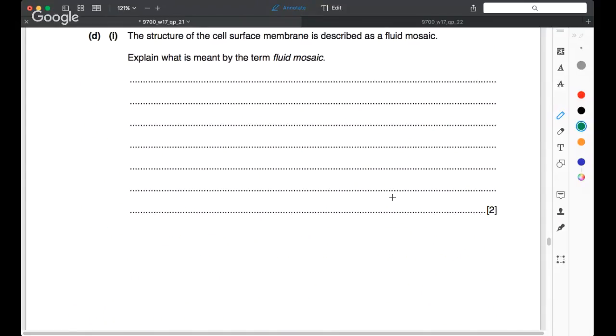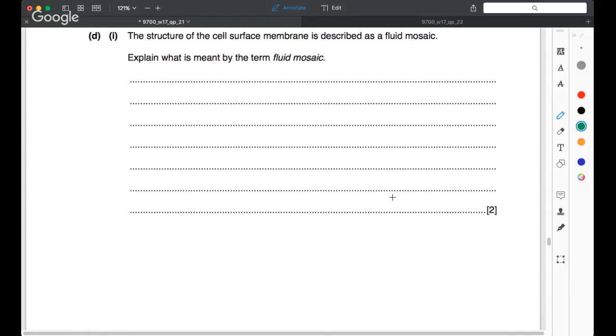Fluid, because the phospholipids can diffuse throughout the membrane, as well as some of the proteins. Good. One mark. Mosaic, because of the appearance of the cell membrane when viewed from above, because the proteins are of different sizes than the phospholipid heads.